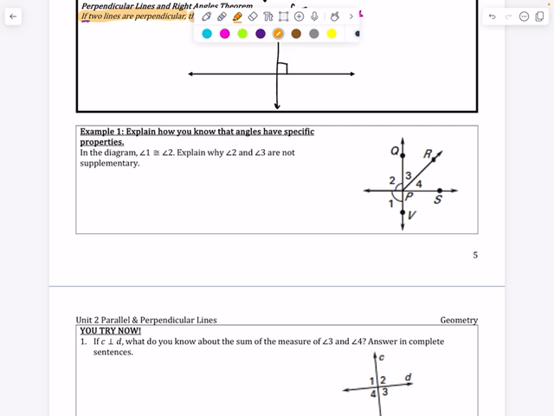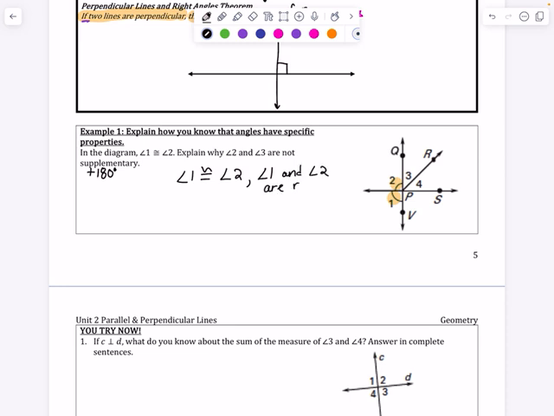All right, example 1 down at the bottom. It says, explain how you know that angles have specific properties in the diagram. Angle 1 and angle 2 are congruent. So I'm going to highlight that. Explain why angle 2 and angle 3 are not supplementary. In this particular problem, angle 1 and angle 2 are congruent, and supplementary means it adds to 180, so angle 1 and angle 2 are both right angles.